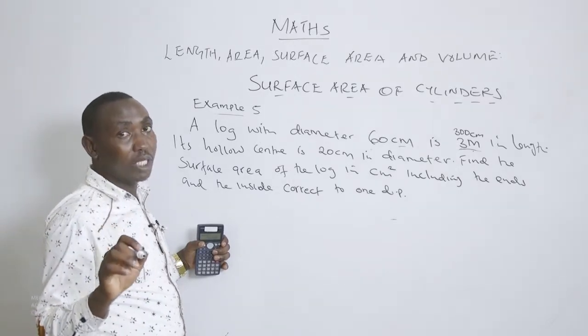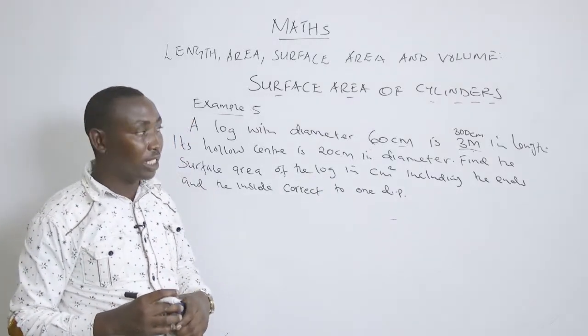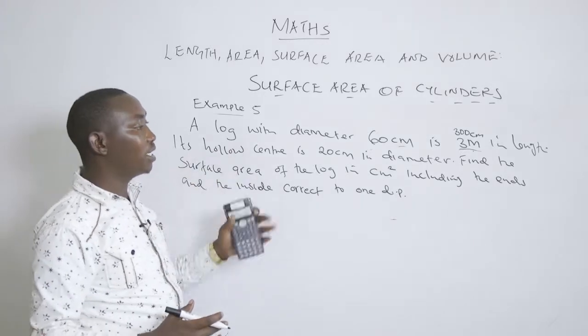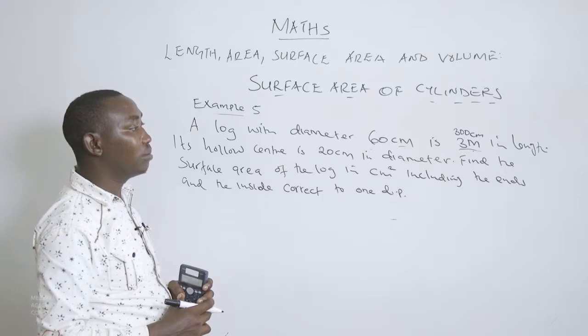So we multiply 3 by 100, which gives us 300 centimeters in length, and it has a hollow center which also has a diameter of 20 centimeters.